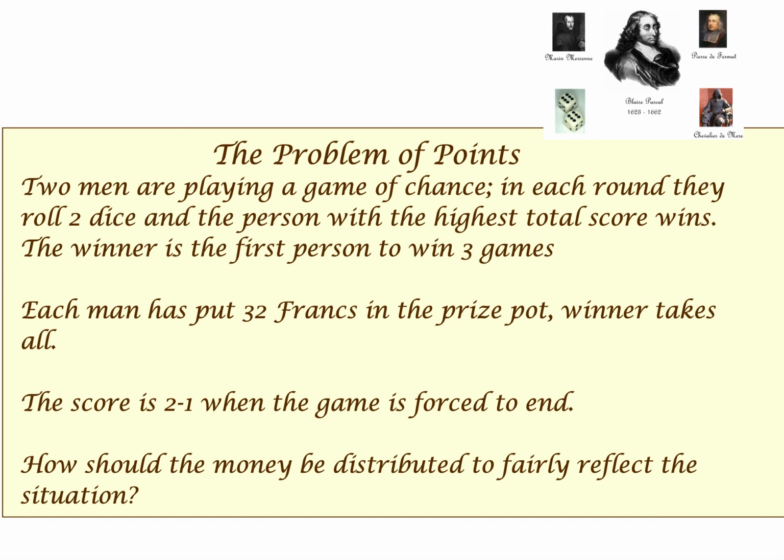Okay, this is where Blaise Pascal came along, because there was a dice game going on, between the Chevalier de Mere and a few of his friends, and he came up with a problem. They stopped a game of points.